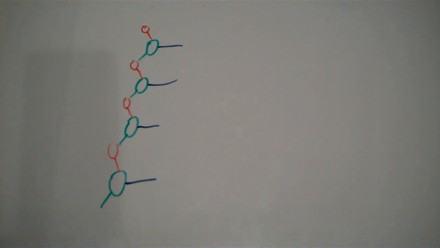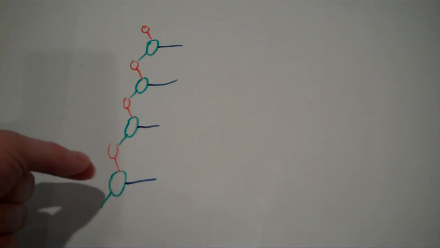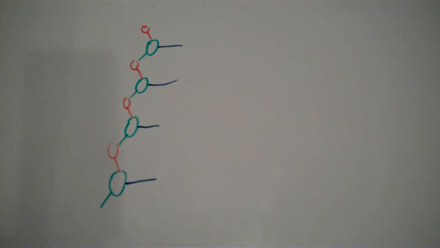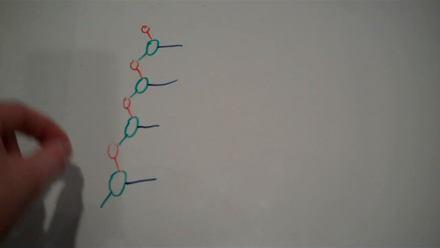Kind of like the drawing I have here. We have the deoxyribose in green, the phosphate group in red, and the nitrogenous base in blue. And as you can probably tell, the deoxyribose and phosphate group form an essential backbone for the DNA. Now, DNA is a double helix, which means that there are two of these strands.